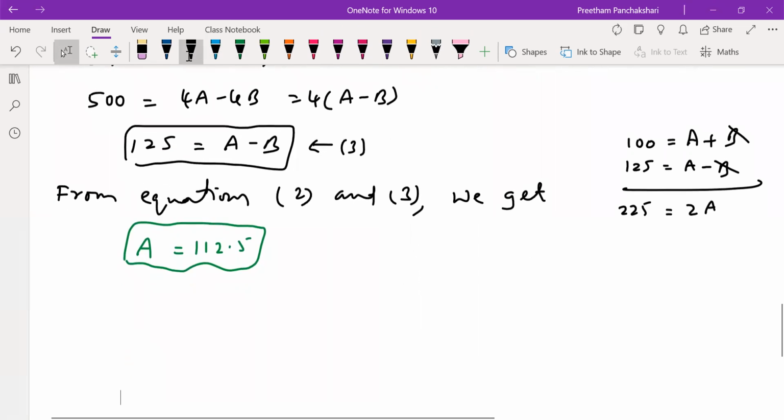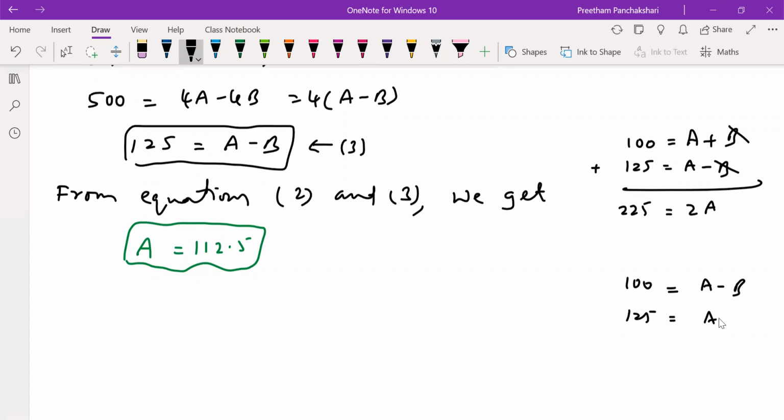Similarly, we shall try for B. For B, what we should do, instead of adding them, as we just added the terms here, we shall subtract them. A plus B is 100, A minus B is 125. First one is plus, second one is minus. If you subtract them, it becomes plus. A cancelled, 2B equals minus 25.